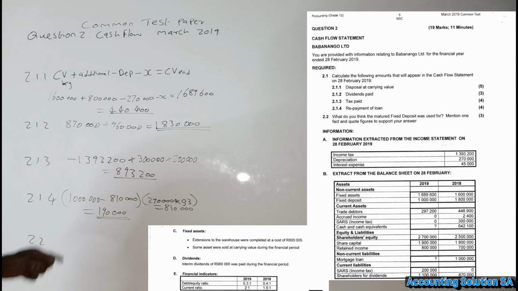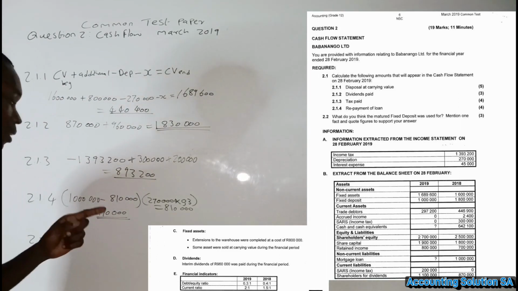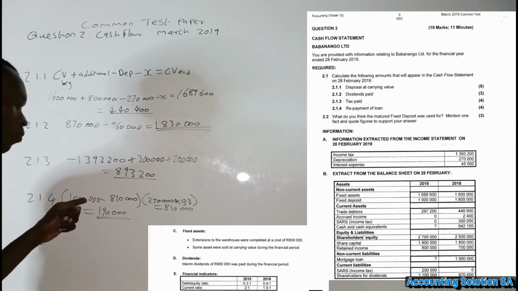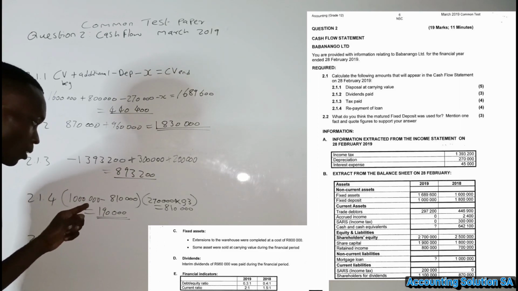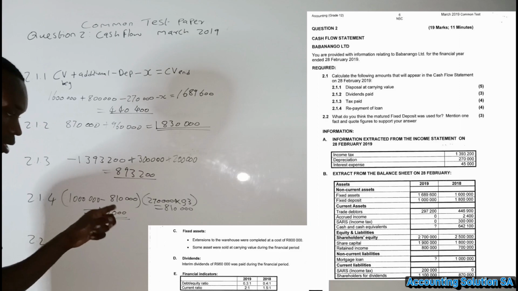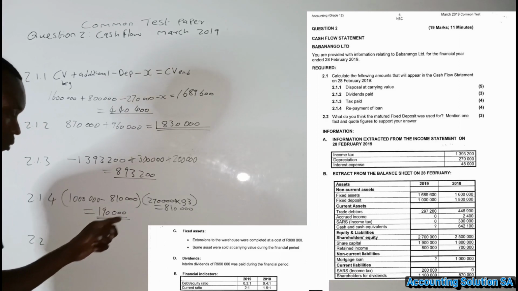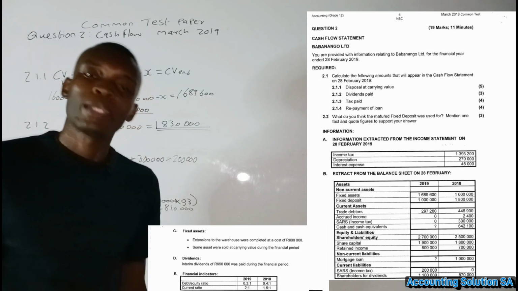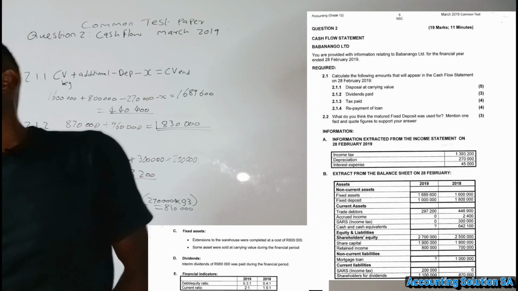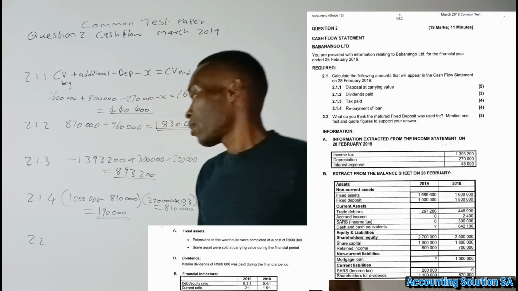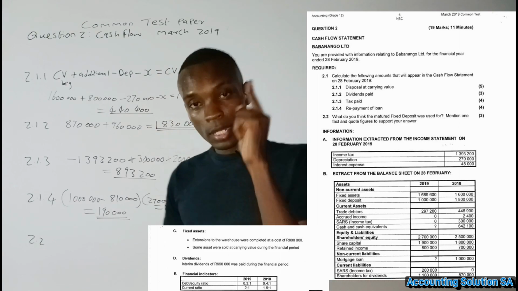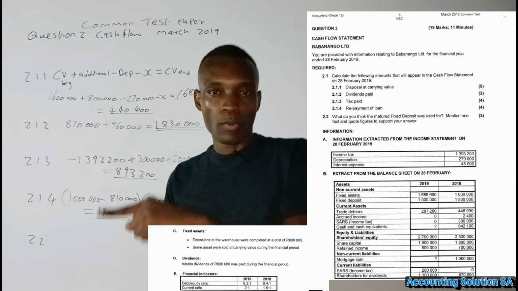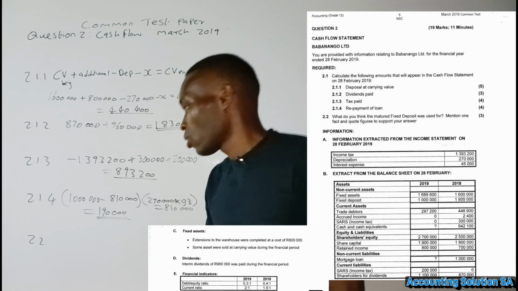Because last year at the beginning we owed a mortgage loan of 1 million. Now the liability decreased to 810, which means that we made a payment. A loan cannot decrease if you didn't pay. If you pay, the loan decreases. If the loan increases, it means that you went and borrowed again, or the interest. Okay.